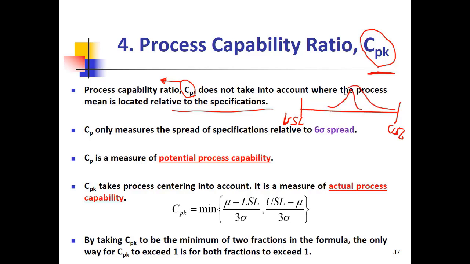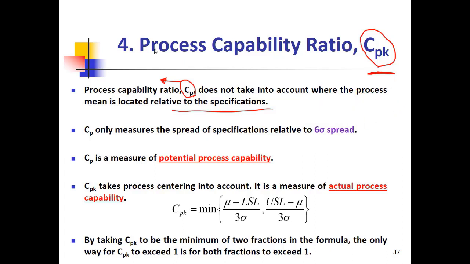It's spread like this or like that, but it doesn't show how the mean is located, if it's somewhere here or somewhere here, if my mean is closer to USL or closer to LSL. How can we know if my mean is closer to USL or LSL?